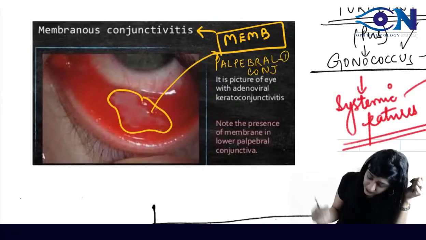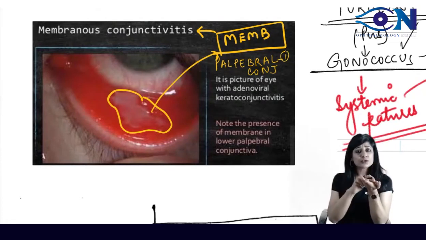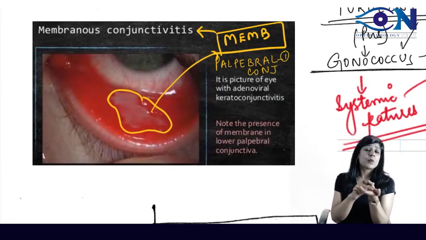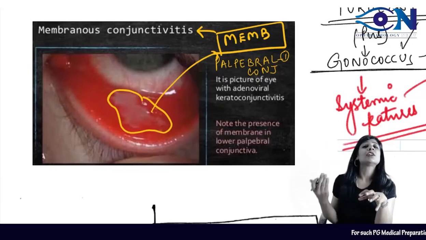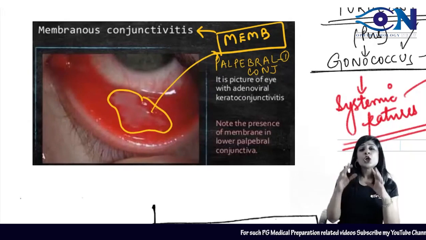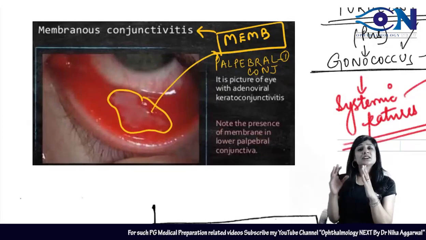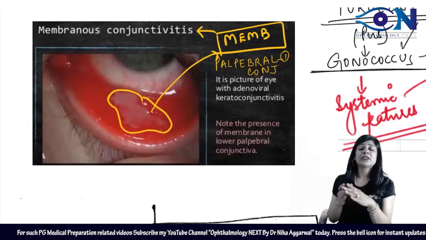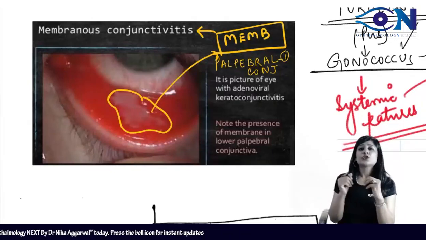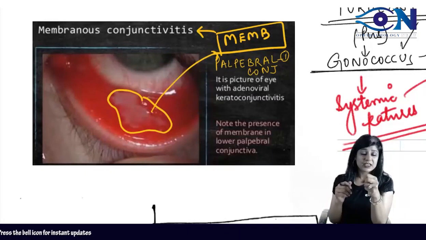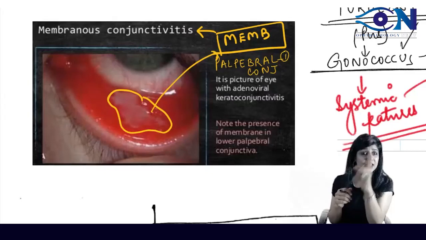The first important thing. Now, just by looking, you cannot say whether it's a true membranous conjunctivitis or a false membranous conjunctivitis. So this membrane, which is present in the palpebral conjunctiva, can be densely adherent or loosely adherent. If it is densely adherent, there will be bleeding on peeling it off. A very, very important thing.